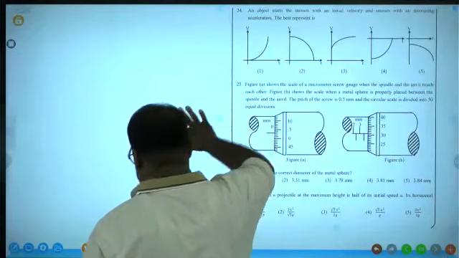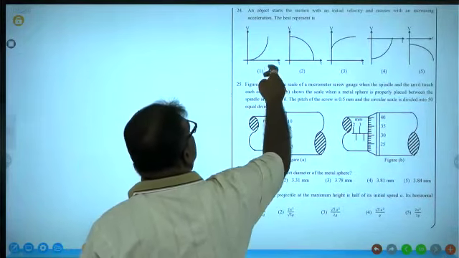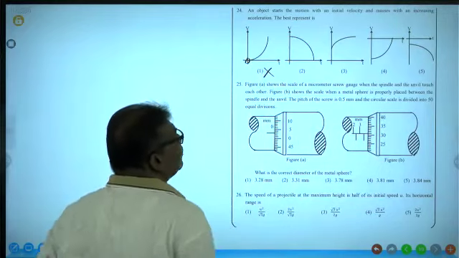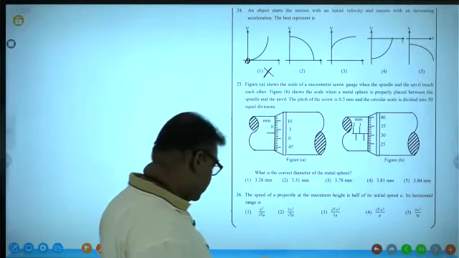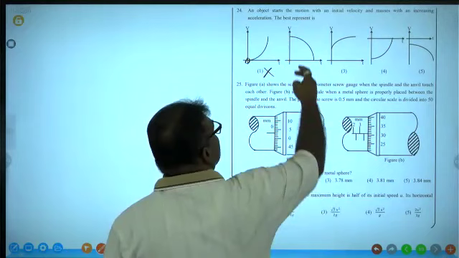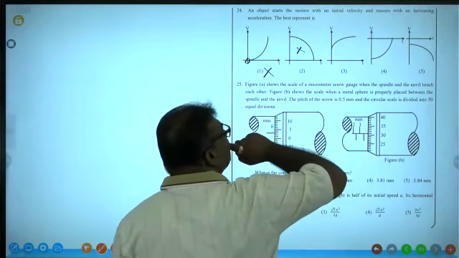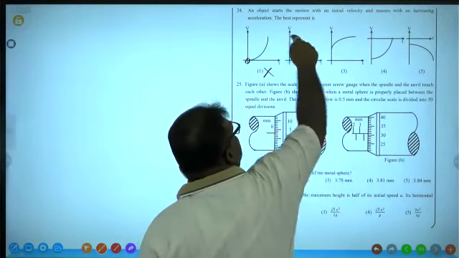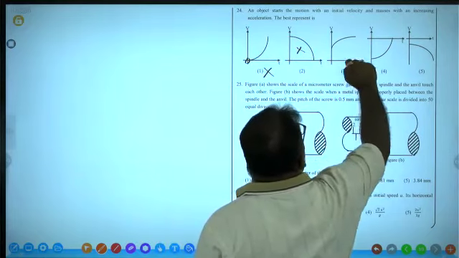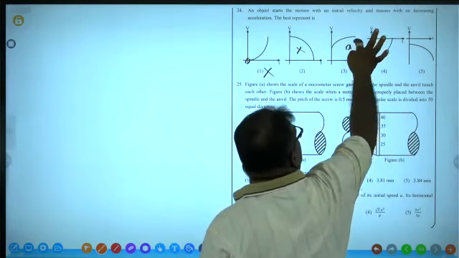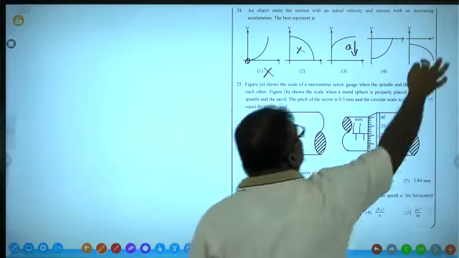This won't be the correct answer. Starting from zero velocity and increasing acceleration. This is deceleration. Here, this is decreasing acceleration, but acceleration decreases here.